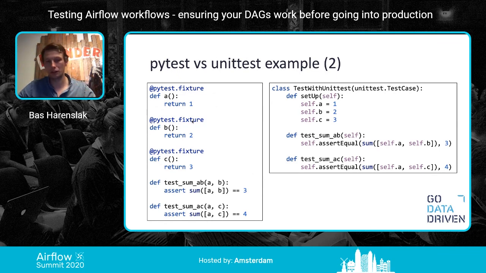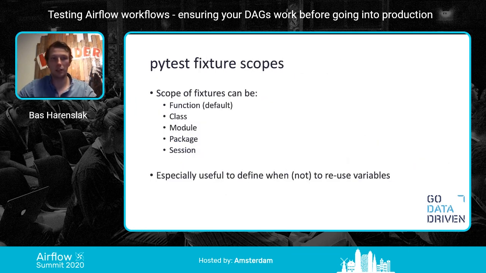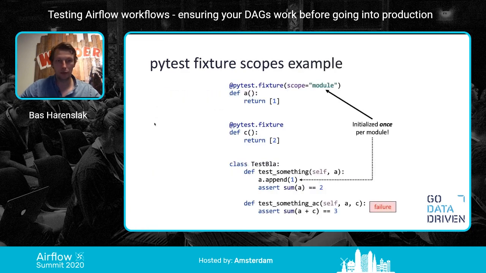So if you have a new test function, it would instantiate the thing over and over again. But you can instantiate these fixtures differently depending on the scope you like. So for example, expensive operations like database connections, you would instantiate with, for example, the scope module.